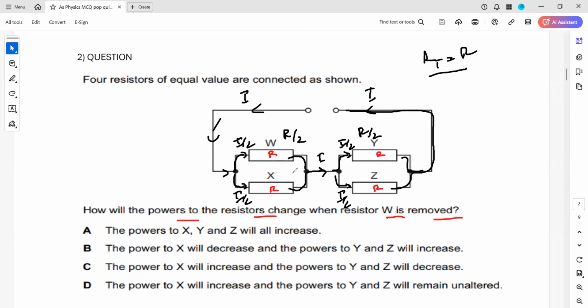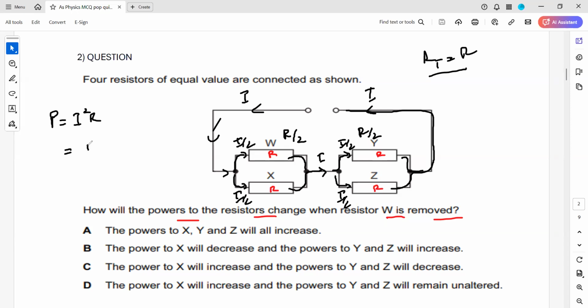If we work out the power right now, I can use the formula P equals I square R, the power dissipation formula, as a resistor produces heat energy.